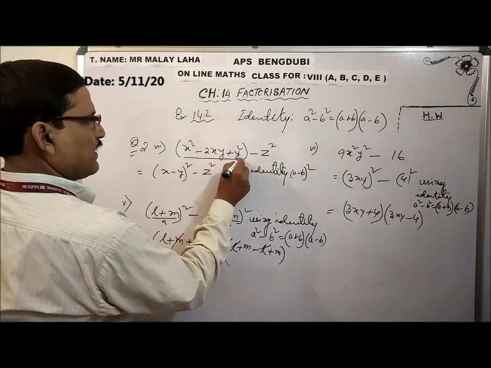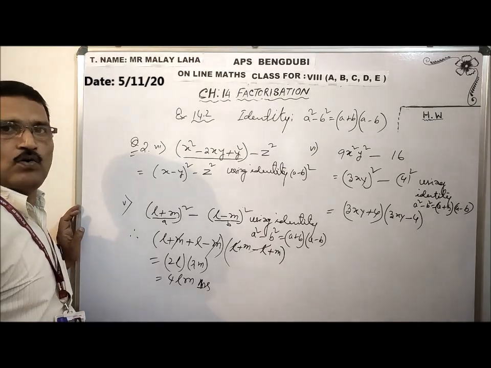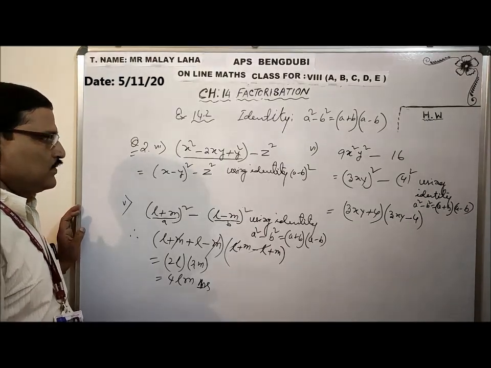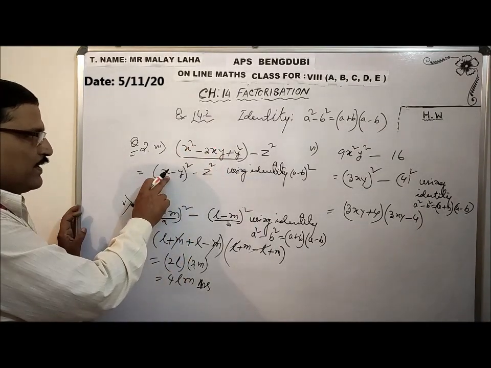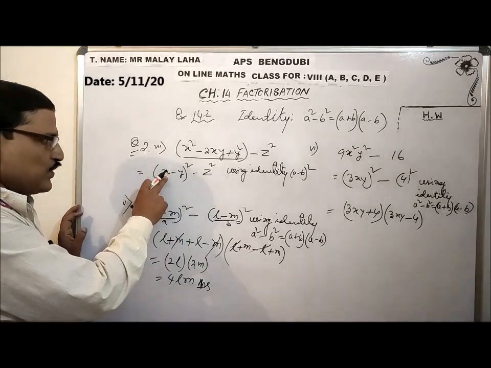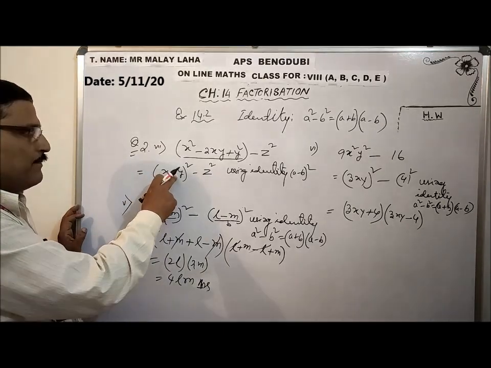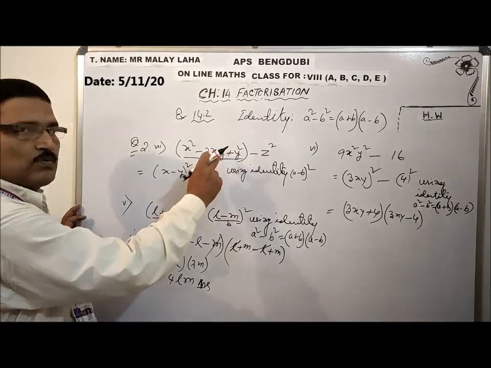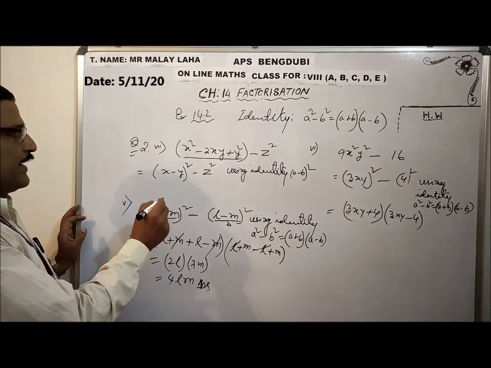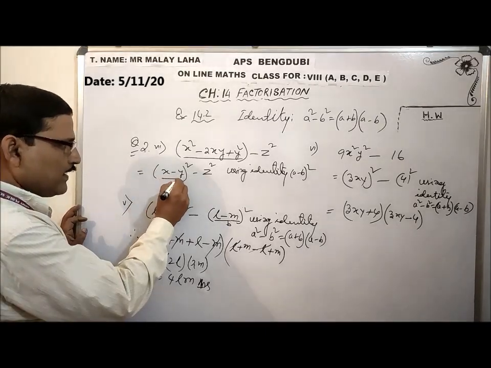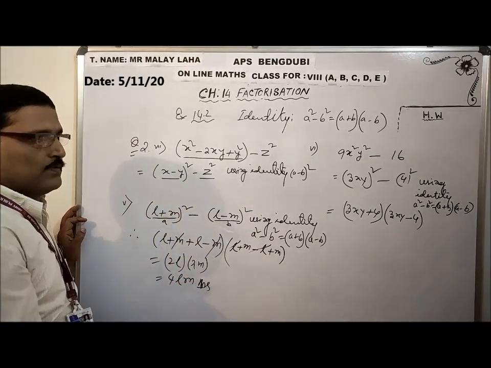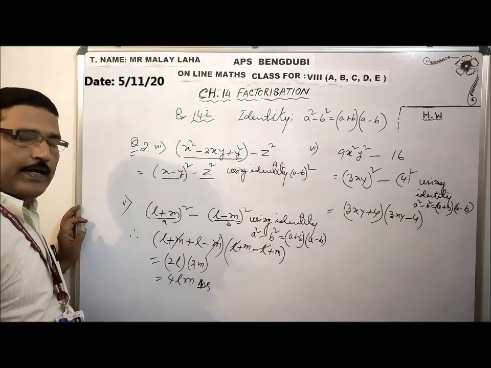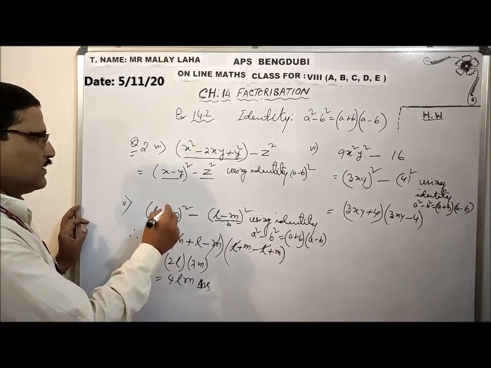Here I have applied the a minus b whole square identity. So if we reduce, it will come back to x minus y, that means x square minus 2xy plus y square. Now again you consider this as a and this one is b. So then it will be again a square minus b square.